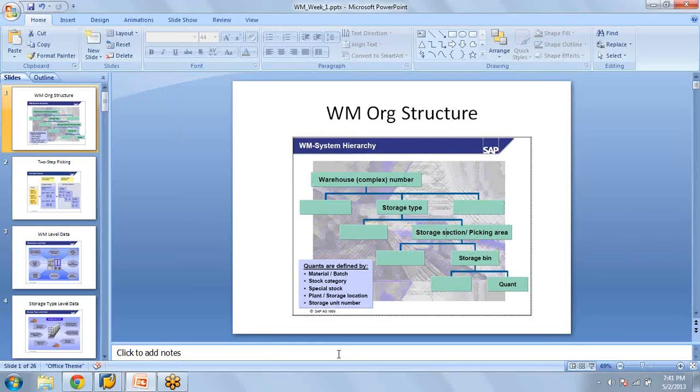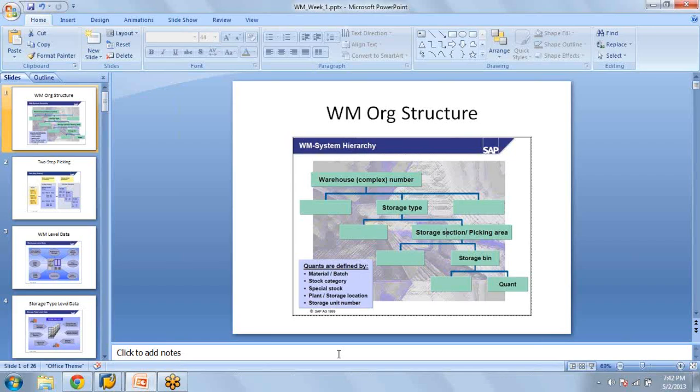See, storage units are the palletization data. The quants are saved inside the storage units; they are not part of it. Storage units are a palletization rate. For example, you are procuring from the vendor in boxes, and in a box there can be different materials, like chocolates and biscuits.